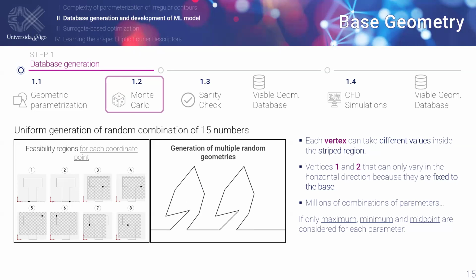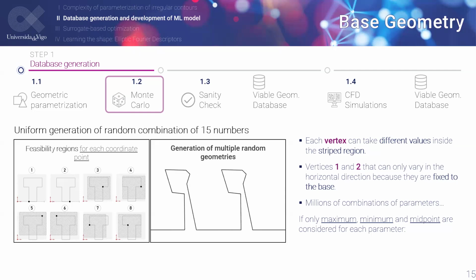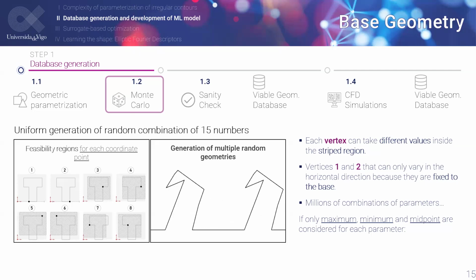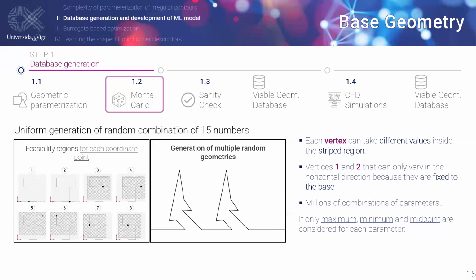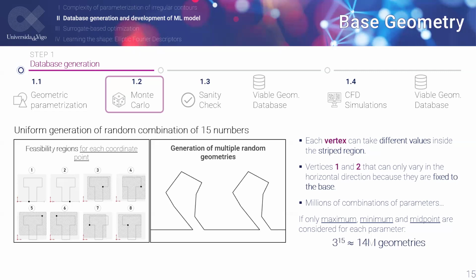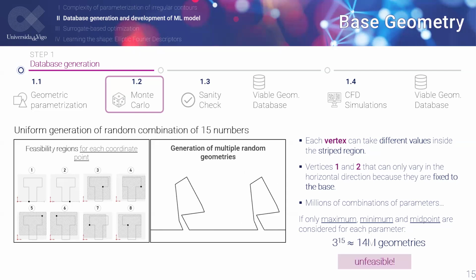Some of the geometries that are included in our database are really special. So this doesn't mean that you can manufacture the microfins as they are. The whole purpose of this was to propose a proof of concept case, so learn from it. As this combination of 15 numbers was generated randomly, we had to implement a feasibility assessment or sanity check after the generation of the geometries was undergone.